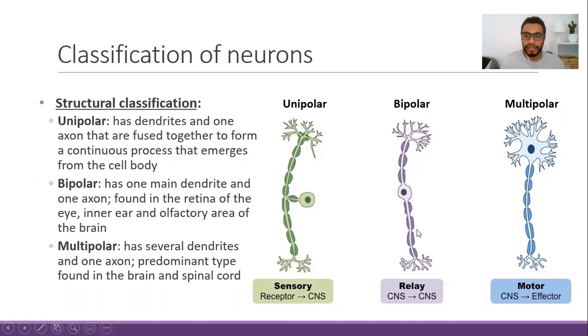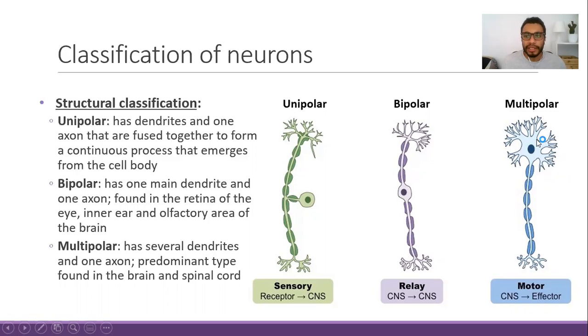So this type is more related to the senses, like smell, sight, and taste, and the vestibular system in the inner ear. So the bipolar is more related to the transmission of special senses.